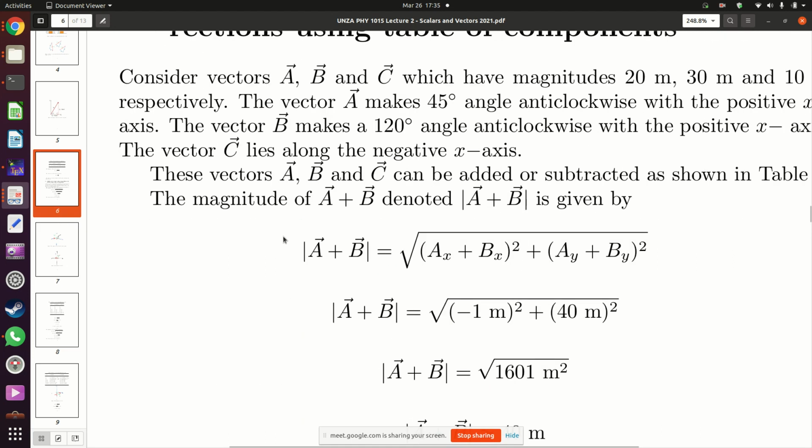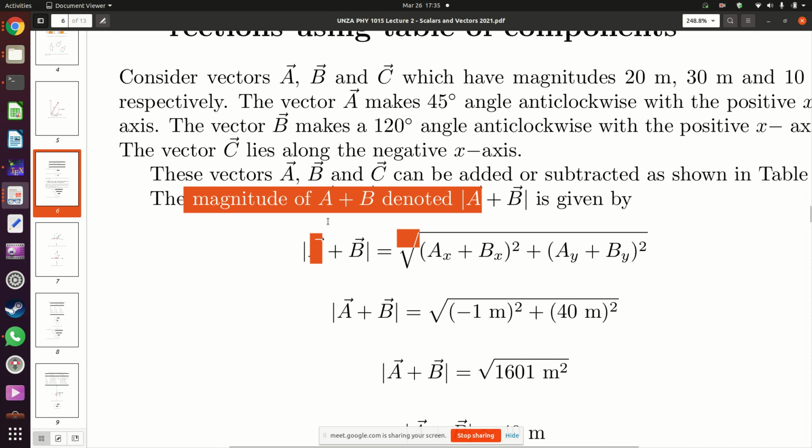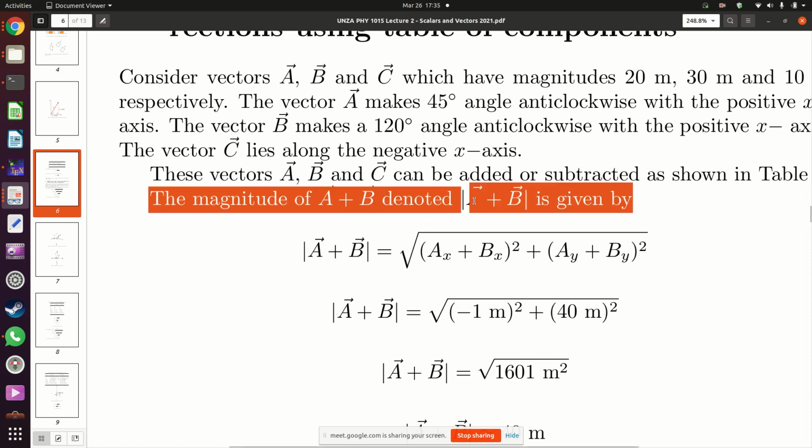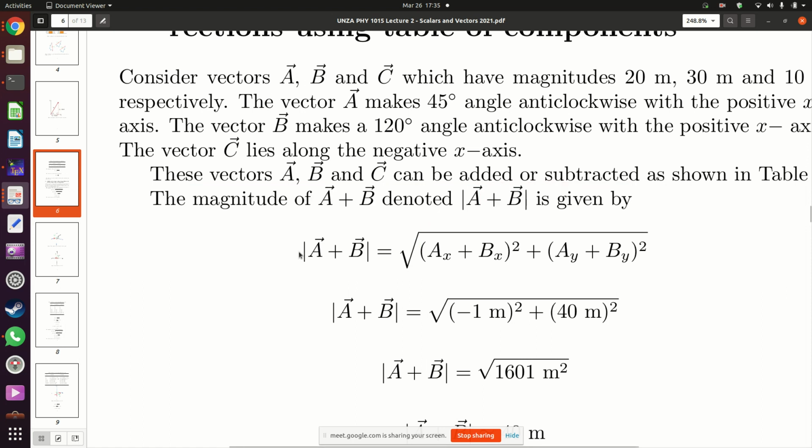So here, the magnitude of a plus b, which we write like this, is given by this. The size of a plus b is equal to the square root of (ax plus bx) squared plus (ay plus by) squared.